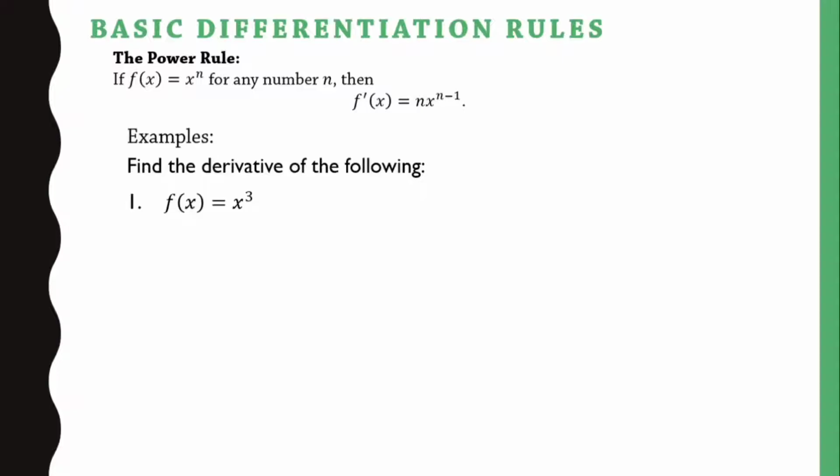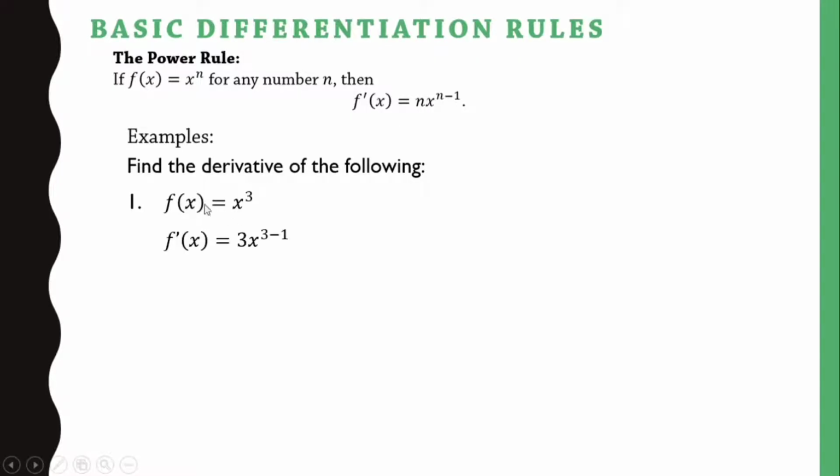We're going to find the derivative of number 1, f of x equals x cubed. Again, the derivative is n x raised to n minus 1. We take the exponent, make it our numerical coefficient, and subtract 1 from our exponent.